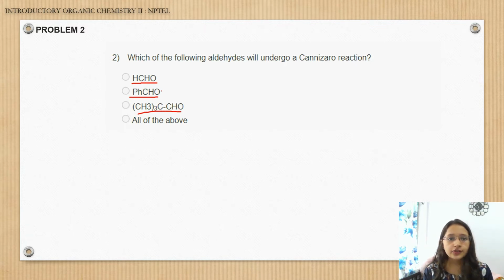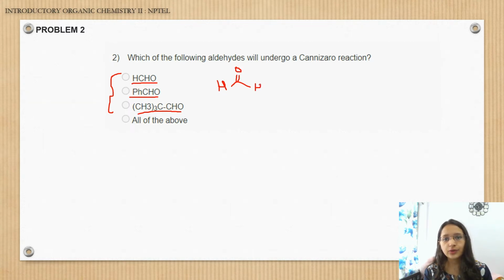So now tell me, amongst these three, does any of them have the alpha hydrogen? Just see whether it has the alpha hydrogen or not, because they are asking which aldehyde will give you the Cannizzaro reaction.